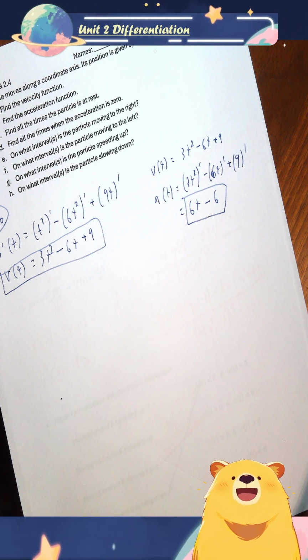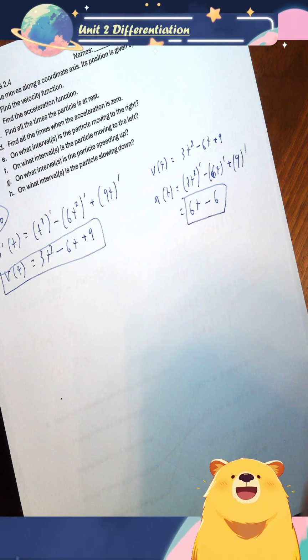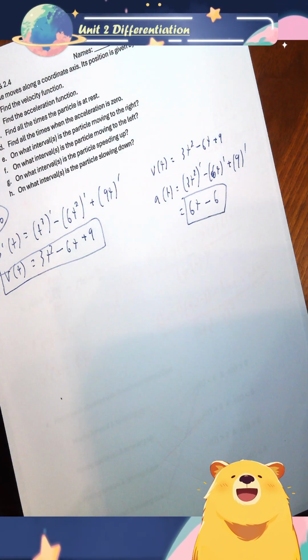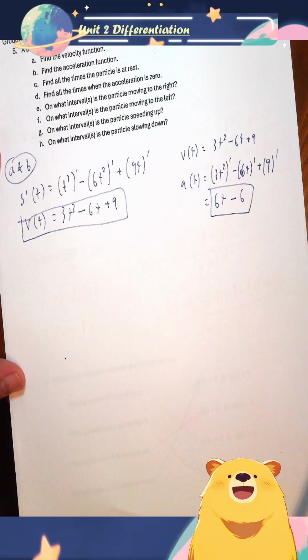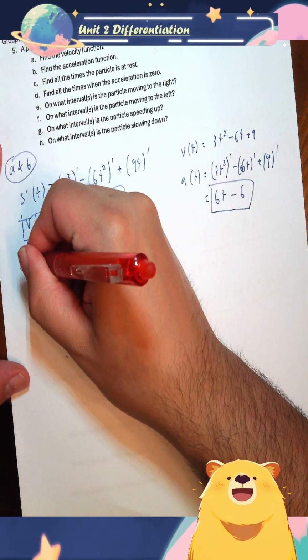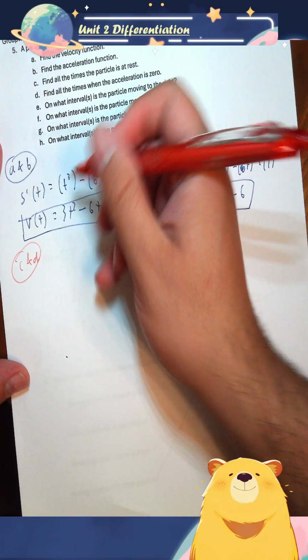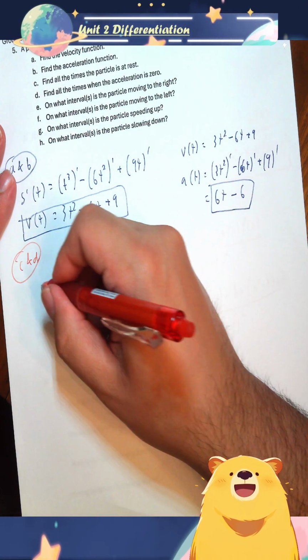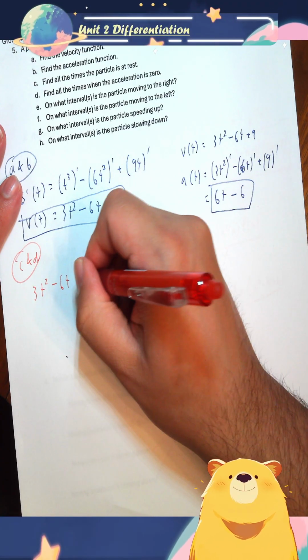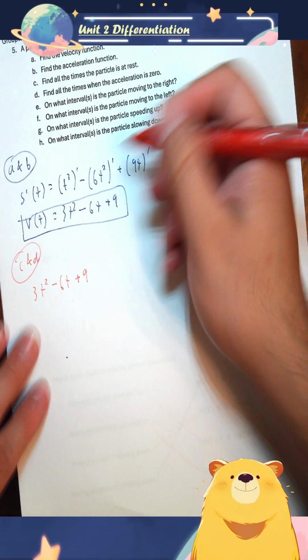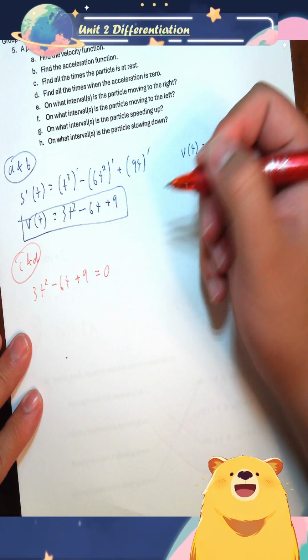Find all the times when the particle is at rest. Find all the times when the acceleration is 0. So this is basically us just solving for 0 for both sides. C and D. For velocity, we have 3t squared minus 6t plus 9 is equal to 0.